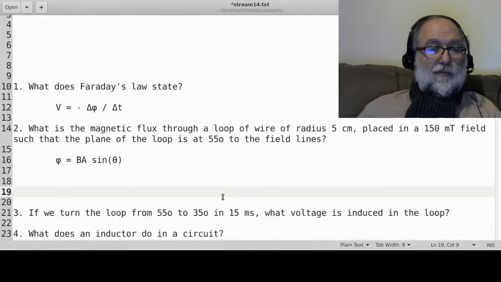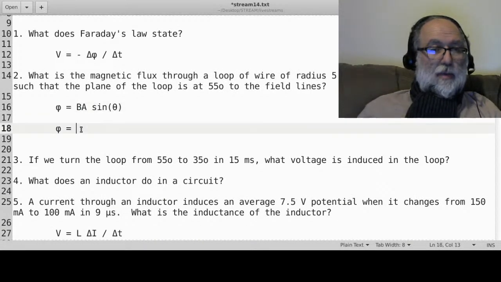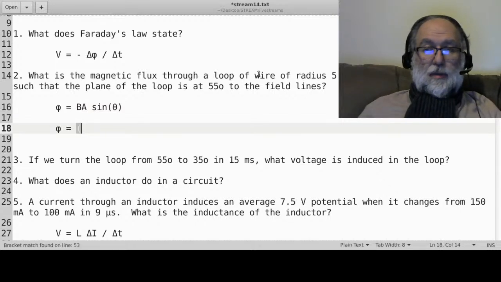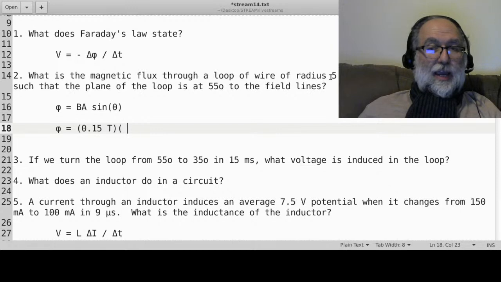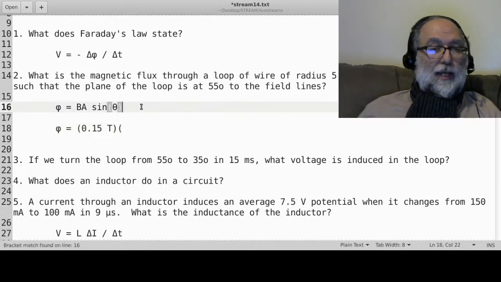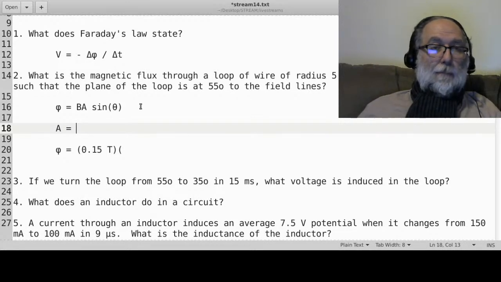There's the formula for the flux. The flux is going to equal B, which is 150 milliteslas, but we have to convert that to Teslas, 0.15 Teslas, multiplied by A, which is the area. Before we plug in, maybe we should calculate A. A is going to equal pi r squared, because it's a circular loop.